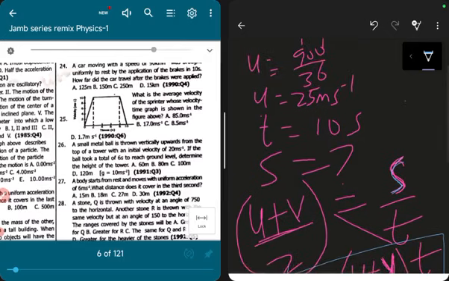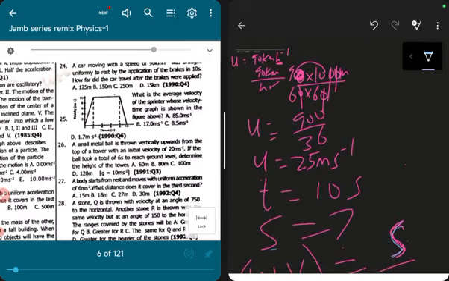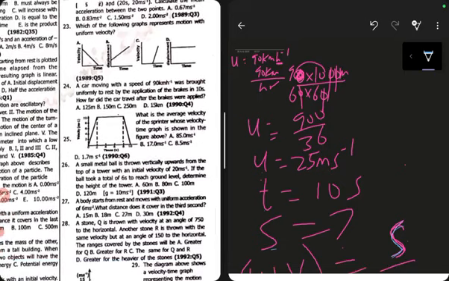Now, why am I doing it? Because everything I need is in this formula: S, T, U, and V. Well, there's no V. Okay, they said it was brought to rest. Brought to rest means finally it came to rest, so its final velocity is 0.